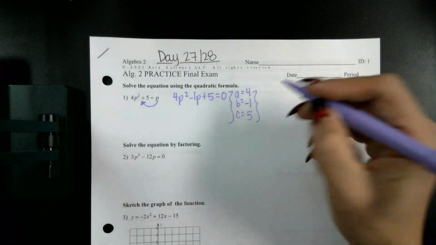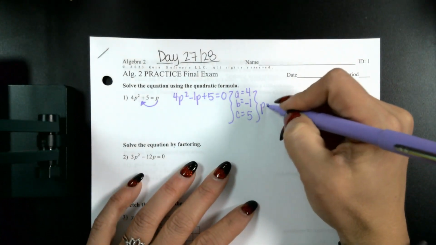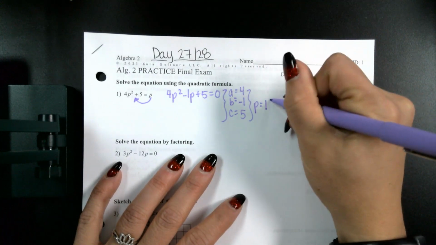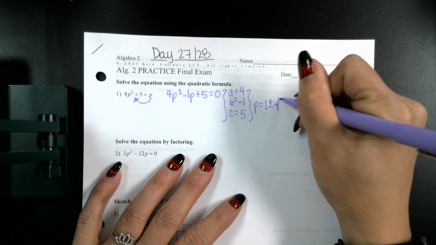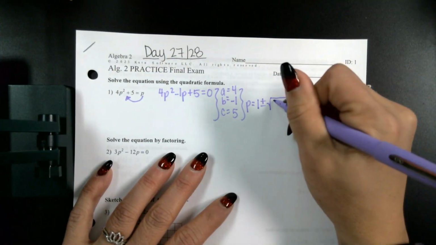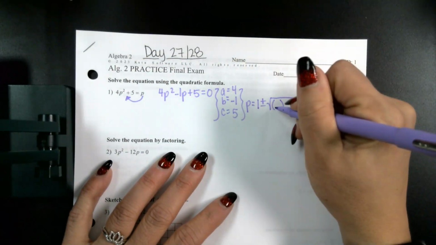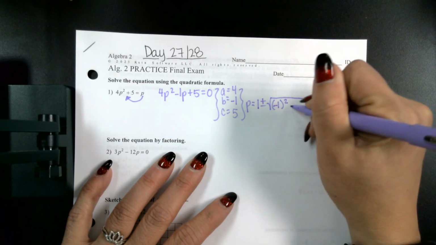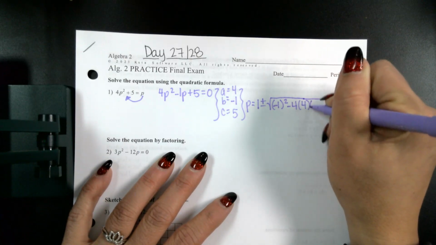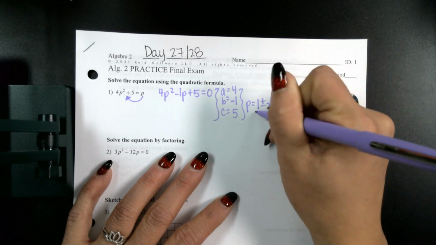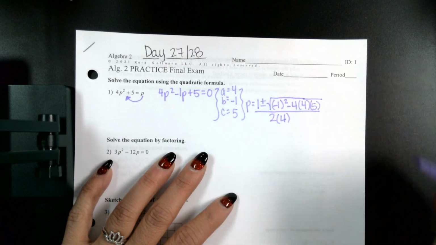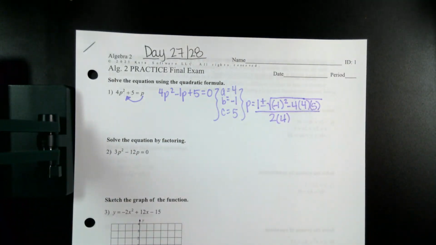All right, so p would equal the opposite of b, which is +1, plus or minus, and then under the radical, this is where we have the original value of b squared minus 4 times a, which is 4, times c, which is 5. And then on the bottom, you'll have 2 times a, so 2 times 4. So that's the setup.